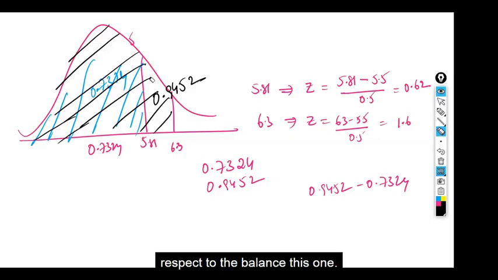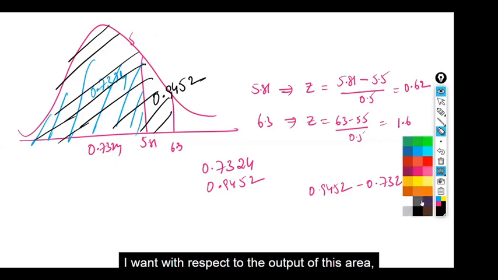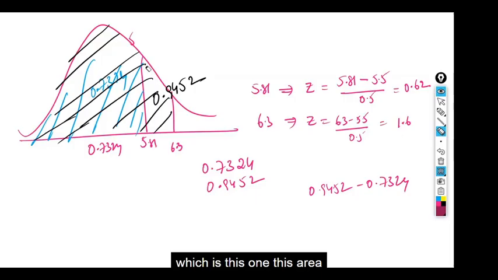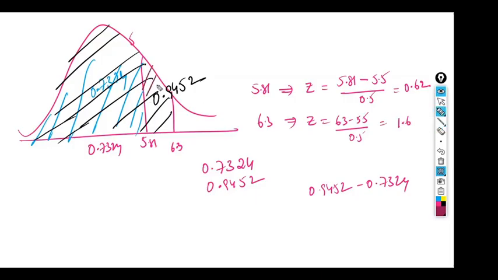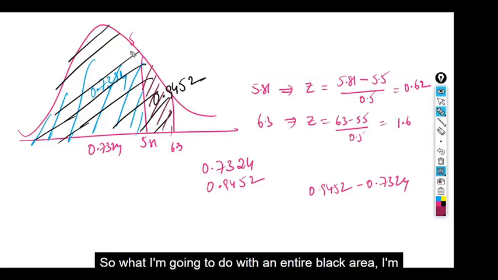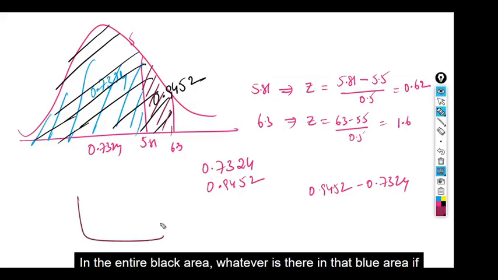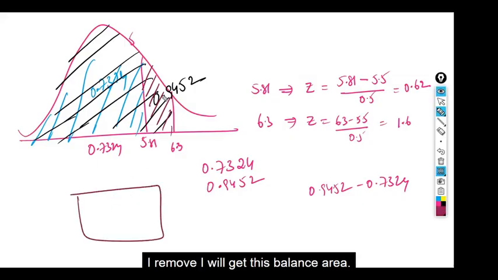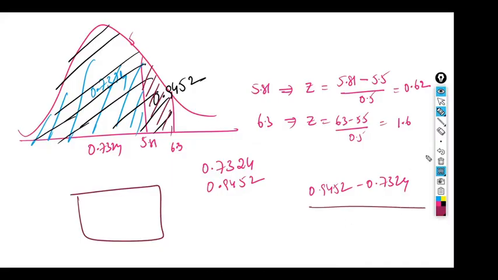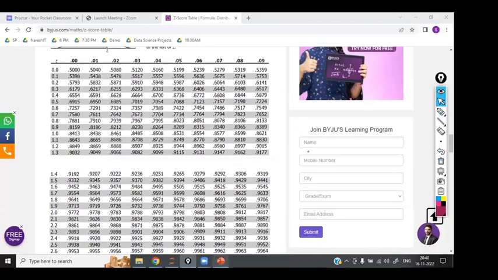Now I want the balance, this area which is the output. So within the entire black area, I'm removing the blue area. If I remove the blue area from the black area, I will get this balance area. The same thing I'm doing, right? And you will get the answer.